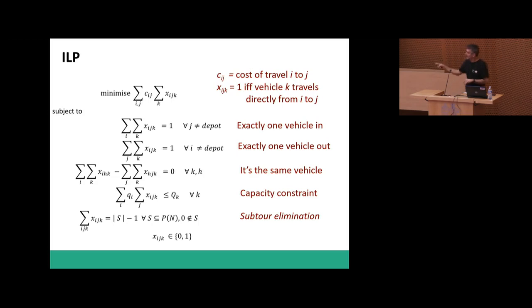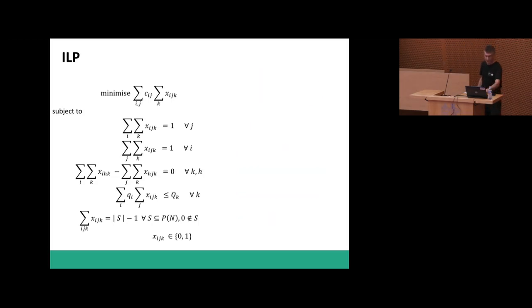Where it falls apart is these subtour elimination constraints. And so what's a subtour? It's one of these. So here we have a depot and a tour here, and then this distinct tour up here. Now, obviously, that doesn't work. But this solution here satisfies this set of equations.